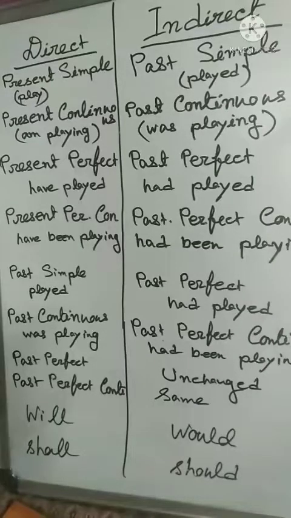Simple future tense will change to would, I told you before. So in future tense, only will and shall will change to would and should. That is all. I hope students that you understand the change.